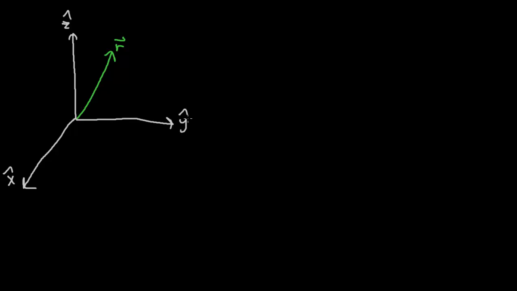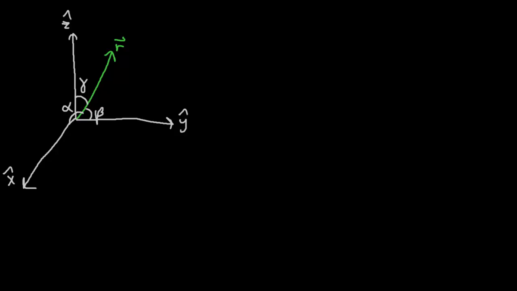So if these are our three vectors, then our direction cosines are defined in terms of these three angles. So here's gamma, the angle that r makes with the z-axis, and then here's beta, the angle it makes with the y-axis, and a little harder to draw, but here's alpha, the angle that r makes with the x-hat axis.